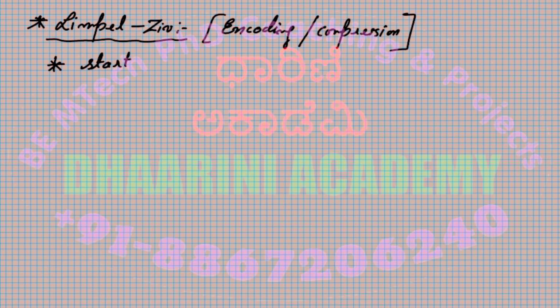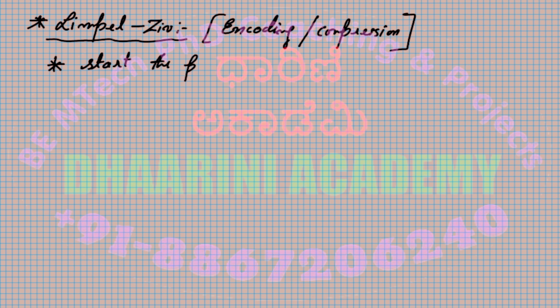Then one obvious question will be: perform an encoding on given data. The next part will be to perform a decoding. They may give encoded data, and you should be able to tell the message present in this data. So three fundamental questions are possible in Lempel-Ziv.